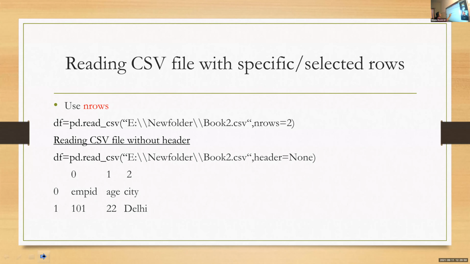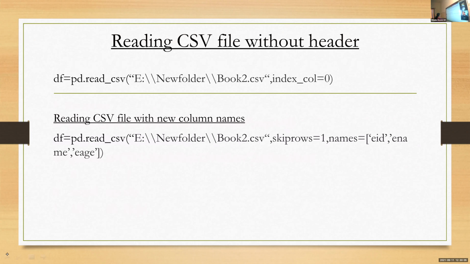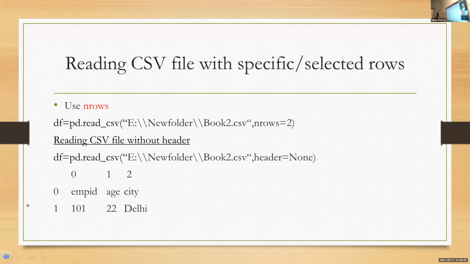After that, write the location and use nrows is equal to 2. 2 means how many rows you want to display. That is the first two rows. That is the 0th row will display and the first row will display. This 2 represents the number of rows from the starting.